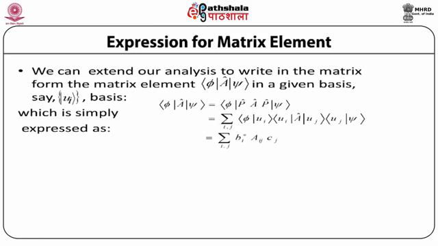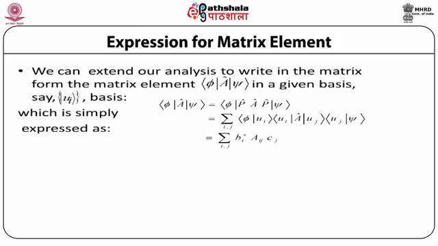a_ij is a square matrix, and c_j is a column matrix, and this can be represented mathematically by the form of the equation given as ⟨φ|A|ψ⟩ equals row matrix B1*, B2*, and so on, Bi* and so on.